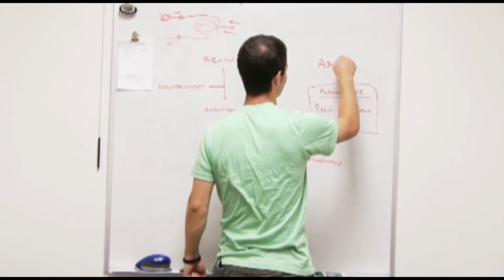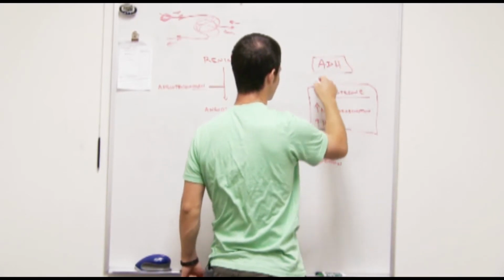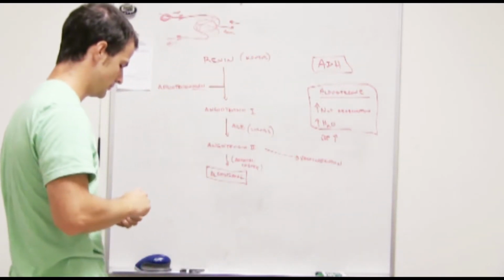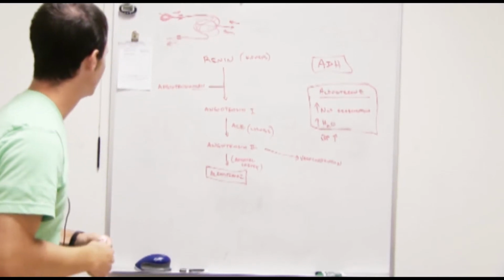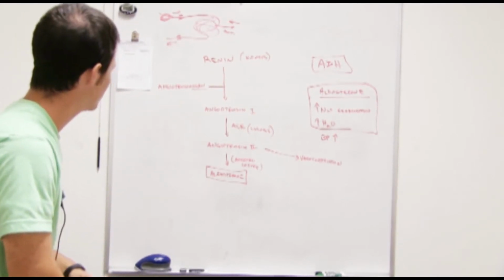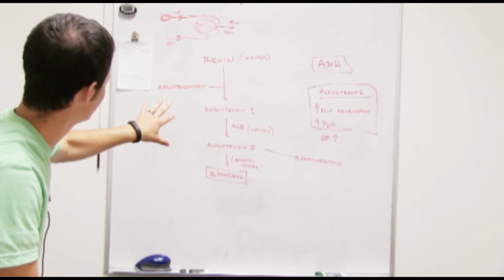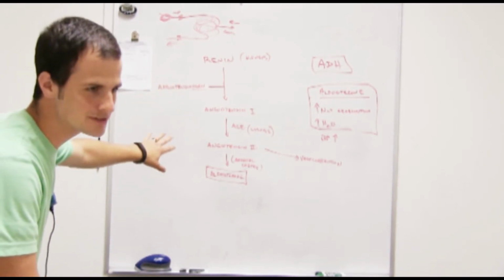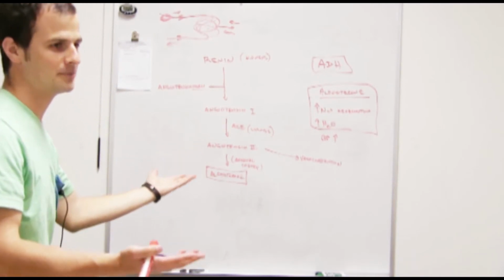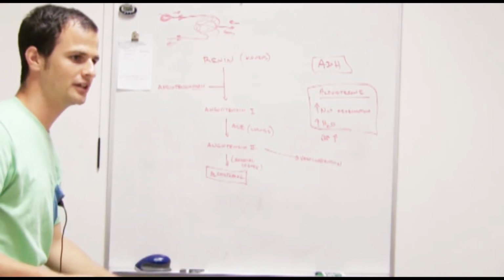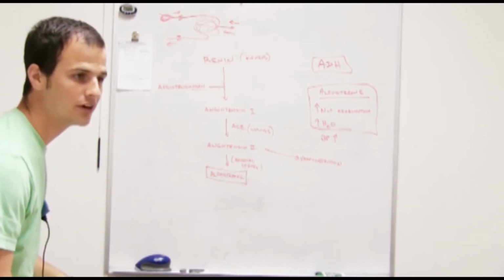Let's talk about this a little bit, because this is kind of what will help you out. First of all, what type of drug do you think you could give a person to stop this cycle at any of these points to lower blood pressure? Let's say somebody has really high blood pressure and they're still secreting a lot of renin for some reason.